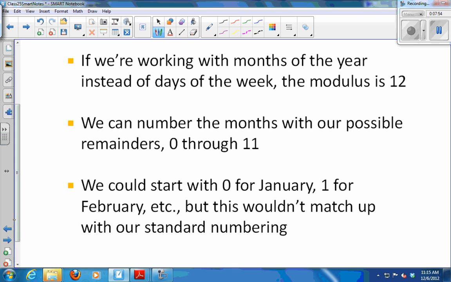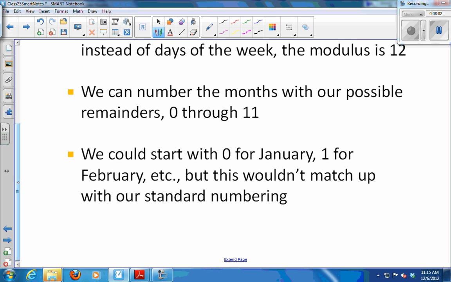If we're working with months of the year instead of days of the week, the modulus is 12. So we can also number the months with our possible remainders, which are 0 through 11 when you divide by 12, because a remainder of 12 is really a remainder of 0. So we could make 0 January and 1 February like we did for the days, where we made Sunday 0 and Monday 1.